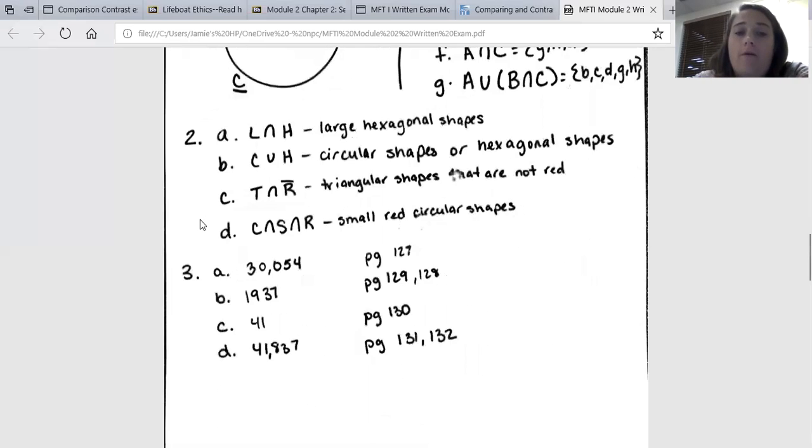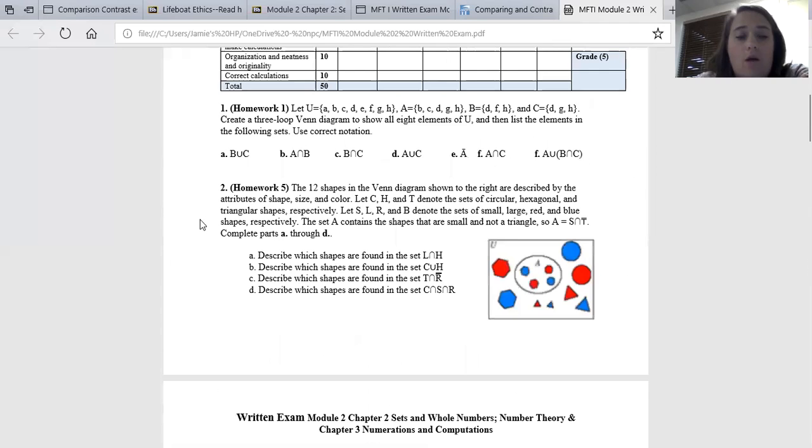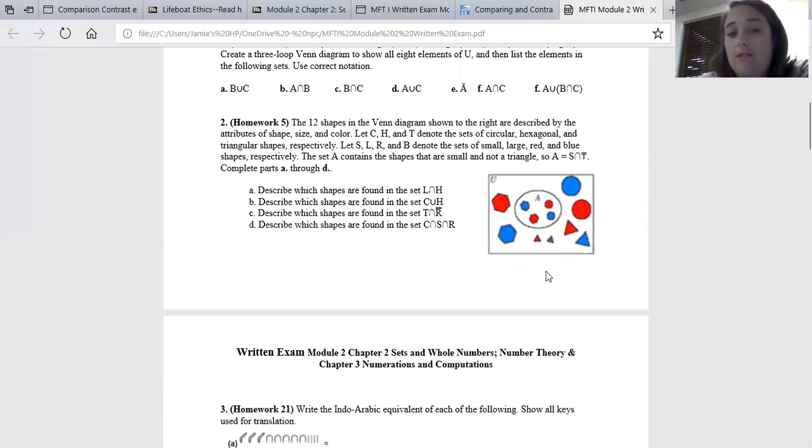And then very similarly, question 2, the diagram asks us to describe this Venn diagram of shapes and colors and sizes.